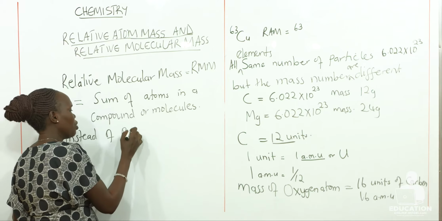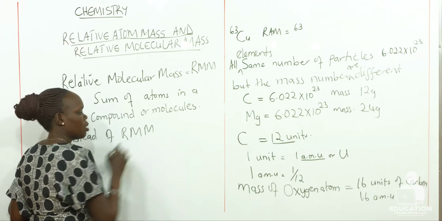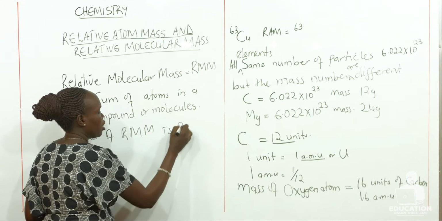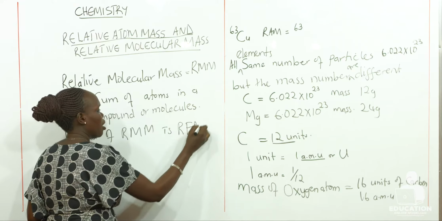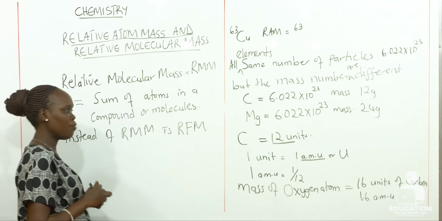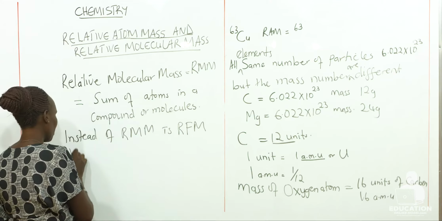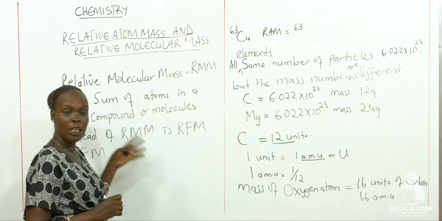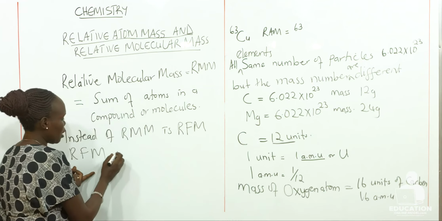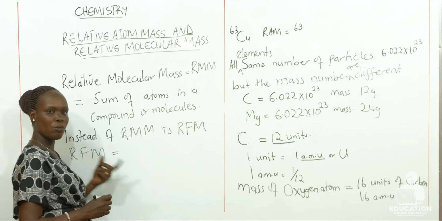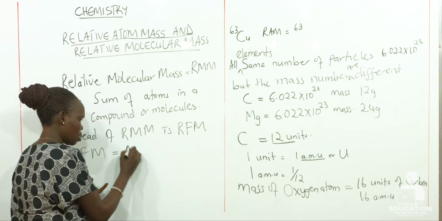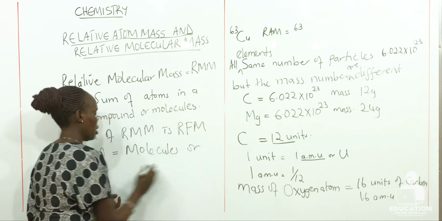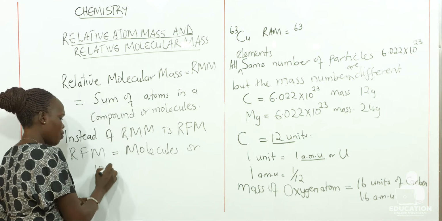We say it's relative formula mass because most of the compounds are either molecules or they can be in ionic form.